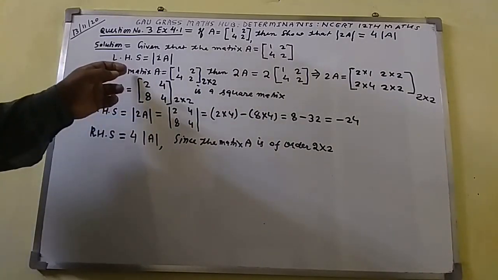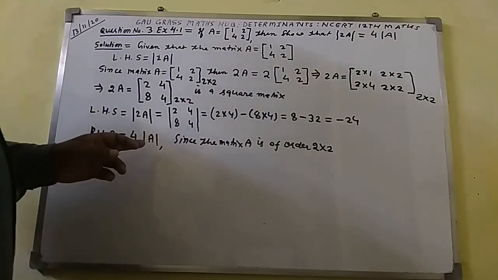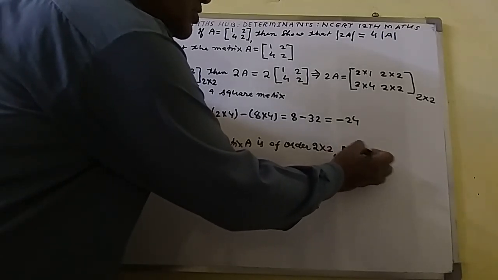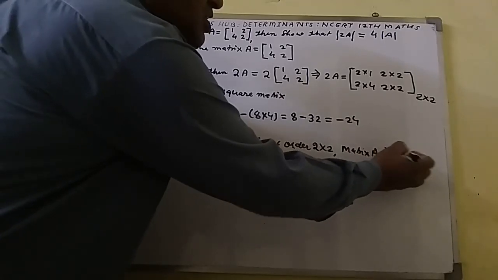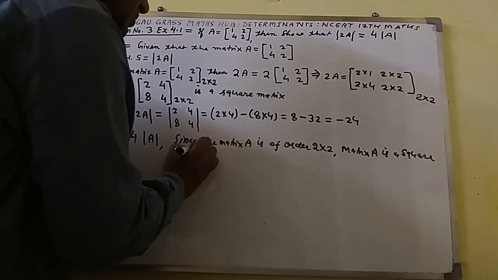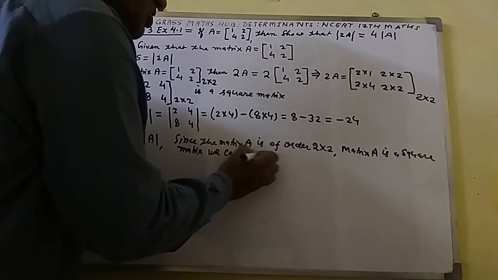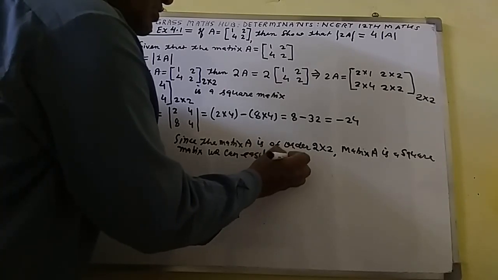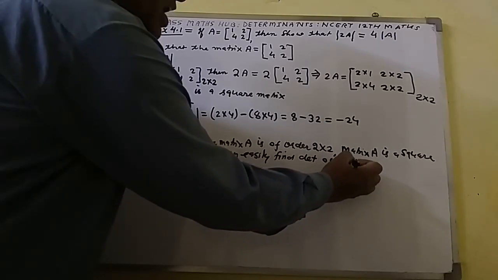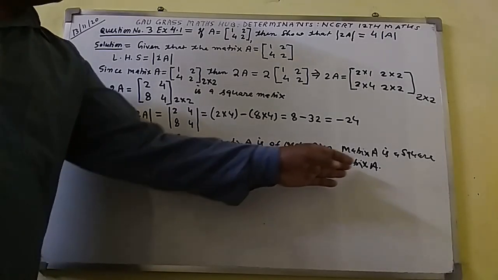Since the matrix A is of order 2 cross 2, matrix A is a square matrix, and we can easily find the determinant of matrix A.